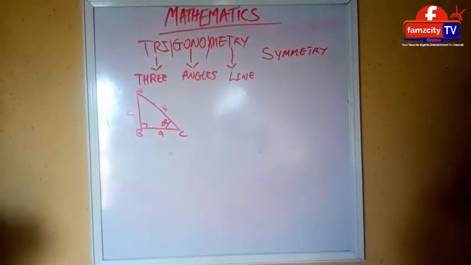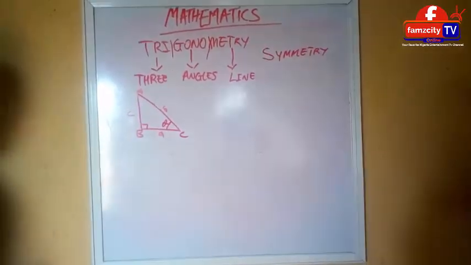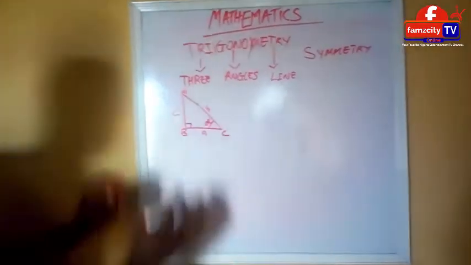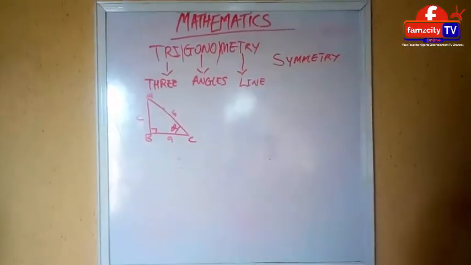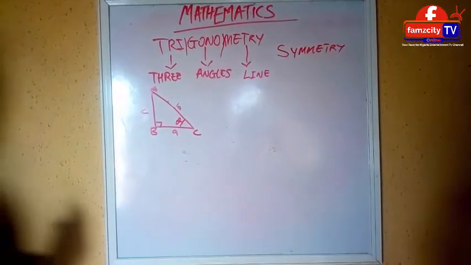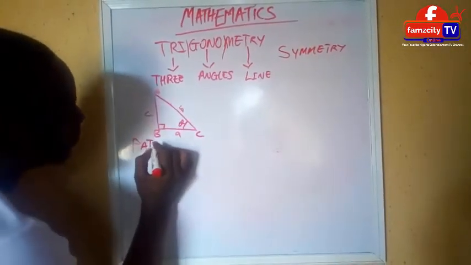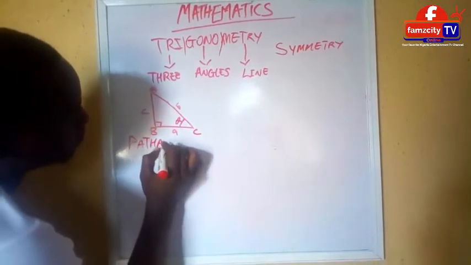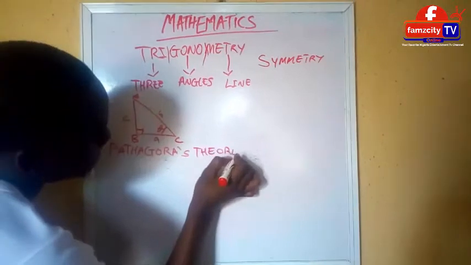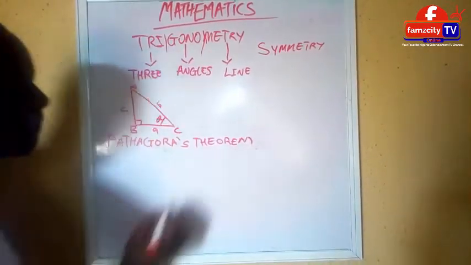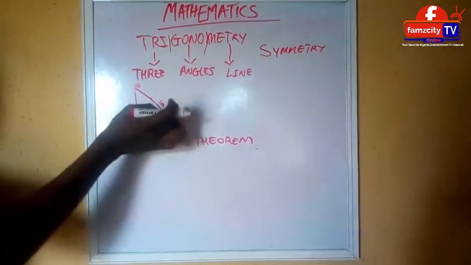So if we are given two sides in a triangle and we are told to find the third side of that triangle, we use a theorem called the Pythagoras theorem. So Pythagoras theorem is for us to get the third side here.